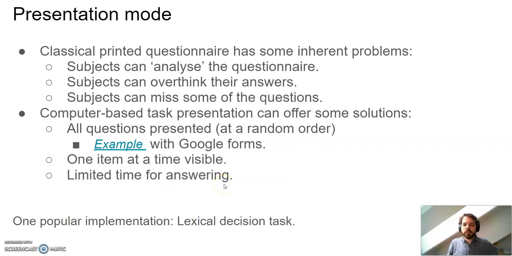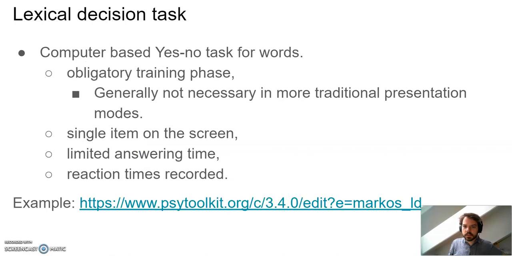So one popular implementation of this computer-based task presentation, probably the most common type of task that is used, actually probably even more in psychology than in linguistics, is the lexical decision task. So what happens in a lexical decision task, now we can use some of the vocabulary that we learned. It's basically a computer-based yes-no task for words. So you see a word and you have to say whether it's a word of your language or not.